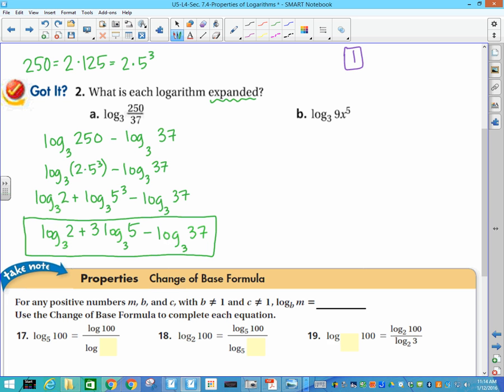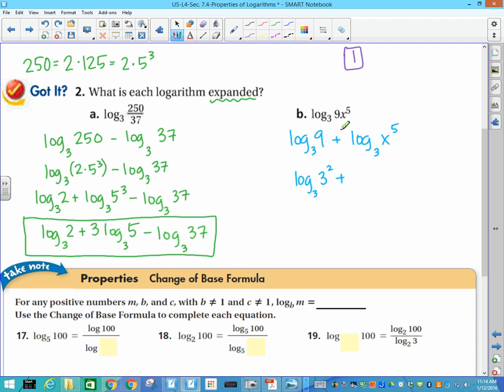Okay, let's look at this last one: log base 3 of 9x to the fifth. I am multiplying, so I break it up with addition: log base 3 of 9 plus log base 3 of x to the fifth. If you're doing the way I've been telling you, then you should see and know that 9 is a power of 3. So that means this guy is log base 3 of 3 squared.